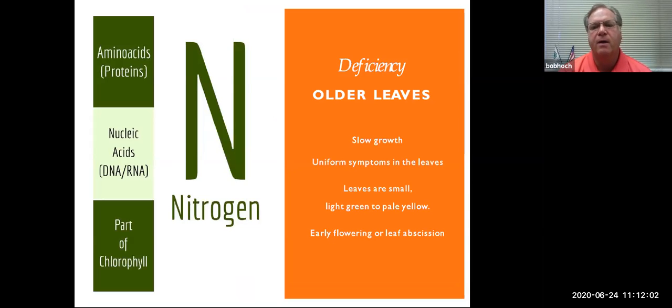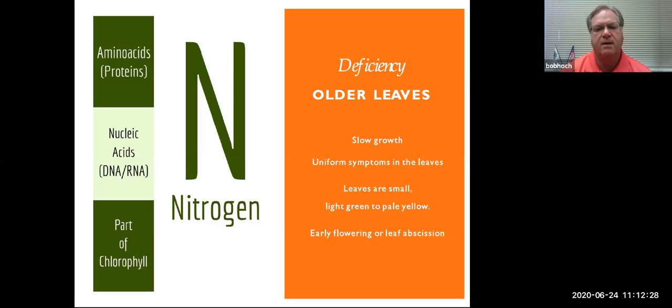Nitrogen is required in large amounts and tells on you pretty quickly if we get into a deficient state of nitrogen. So if the plant becomes deficient in nitrogen, you will typically see these characteristics that are listed there on the right-hand side. You'll see much slower growth, and the symptoms tend to be uniform across the leaves.